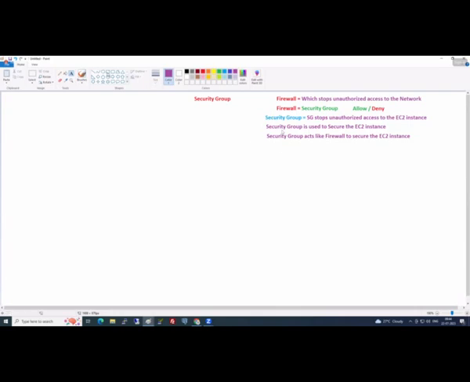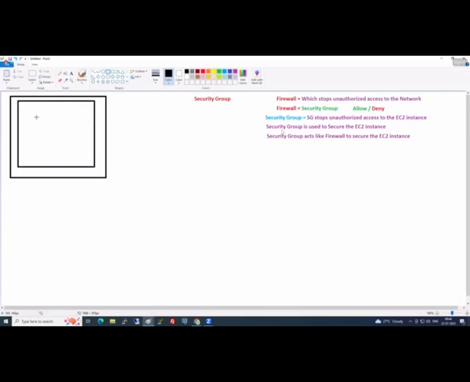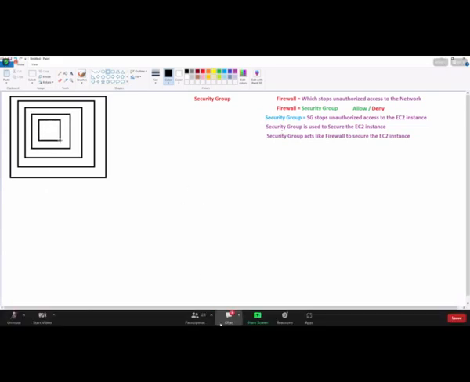Meanwhile, when you're writing this, I'll draw one diagram for you. Do you remember this? What is on the outer layer?